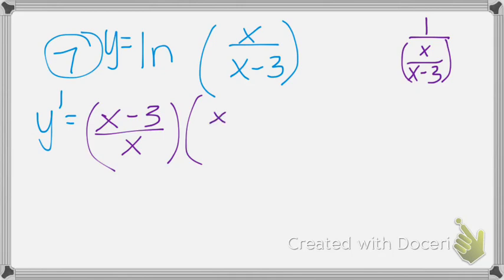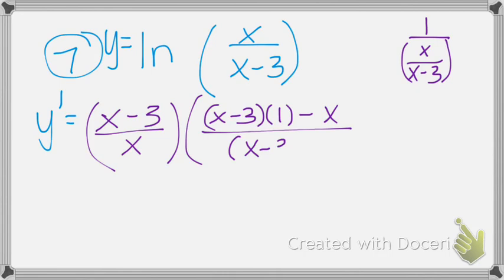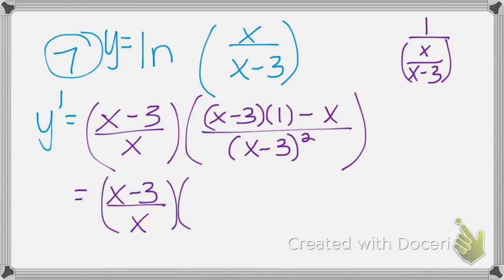We have bottom times derivative of the top, which is 1, minus the top times derivative of the bottom, which is 1, over the bottom squared. Okay? You could also not flip the first part, that's fine. Alright, so let's finish the top there. x minus 3 squared is on the bottom.